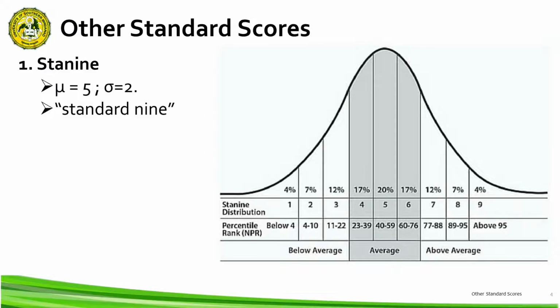The fifth stanine equates to the average performance and captures the middle 20% of the scores in a normal distribution, while the fourth and the sixth stanines capture the 17% of cases below and above the fifth stanine, respectively.